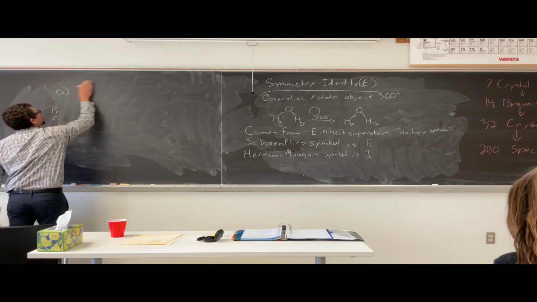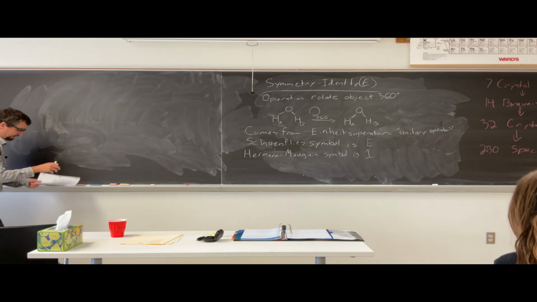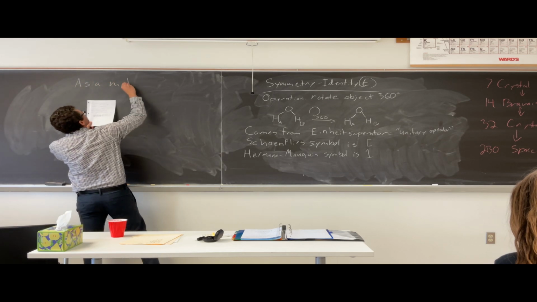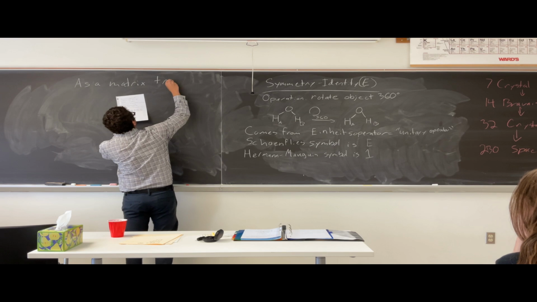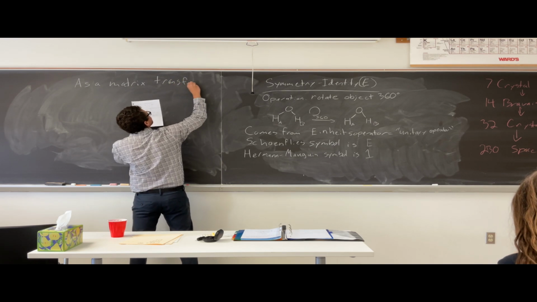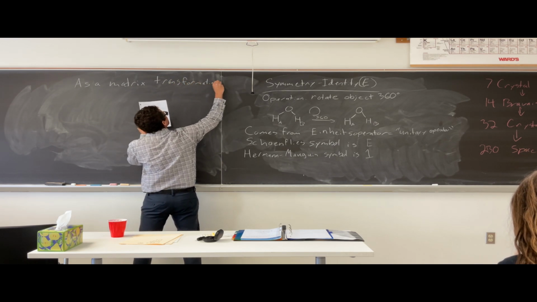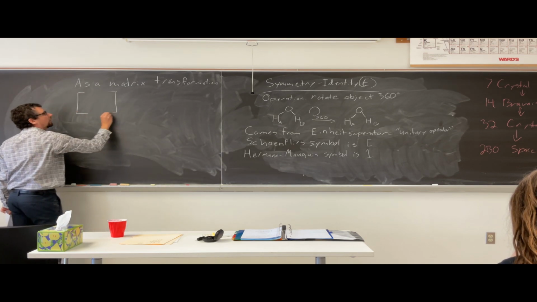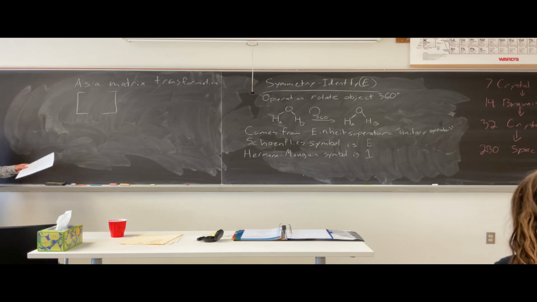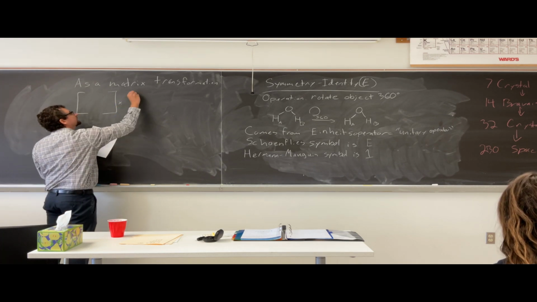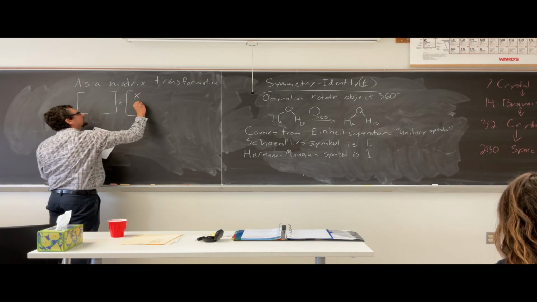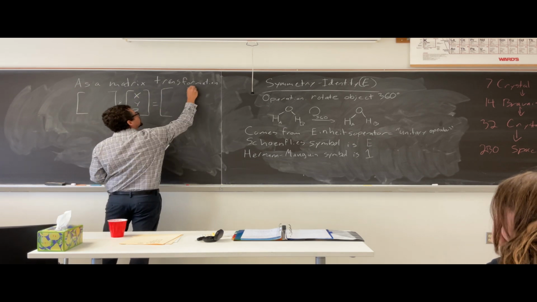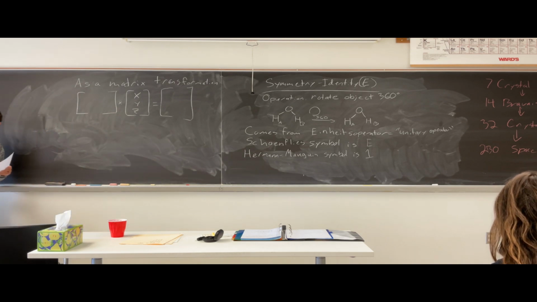Let's look at this as a matrix transformation, and then we'll be done for the day. Okay, so generally we have our matrix operator and we have our coordinates, X, Y, Z, and they get transformed into a new set of coordinates.